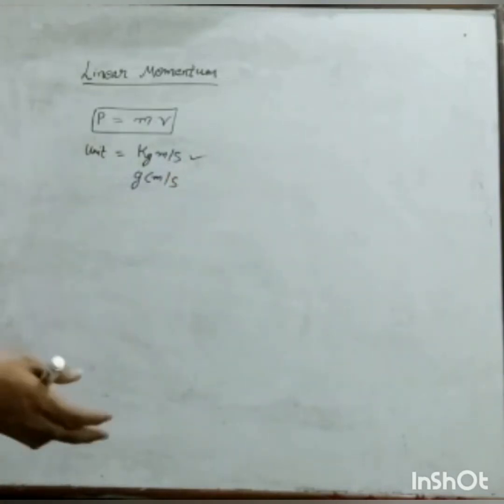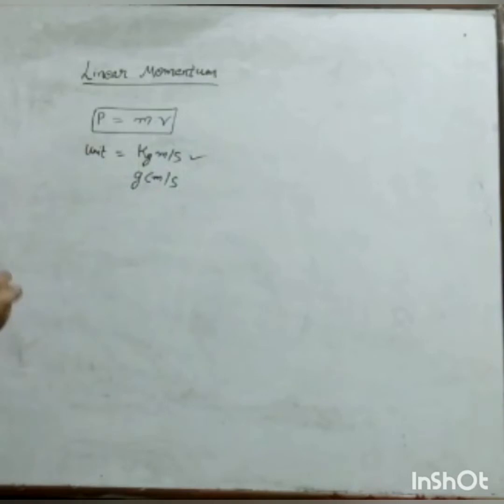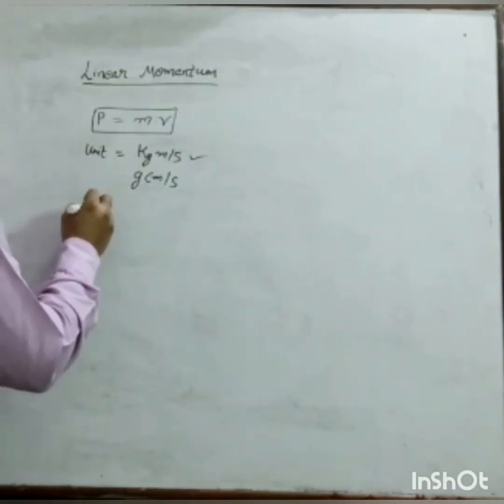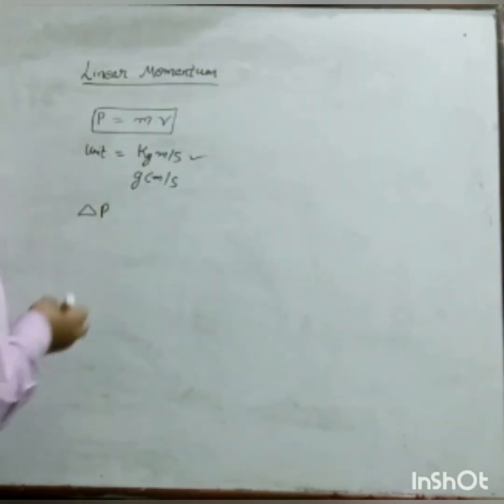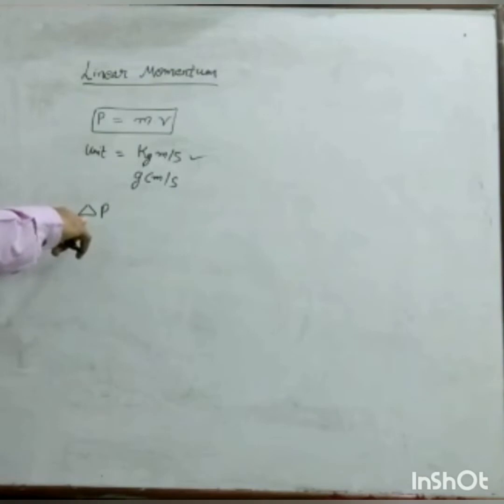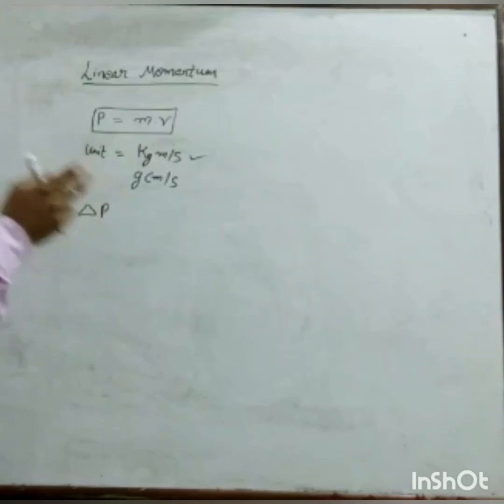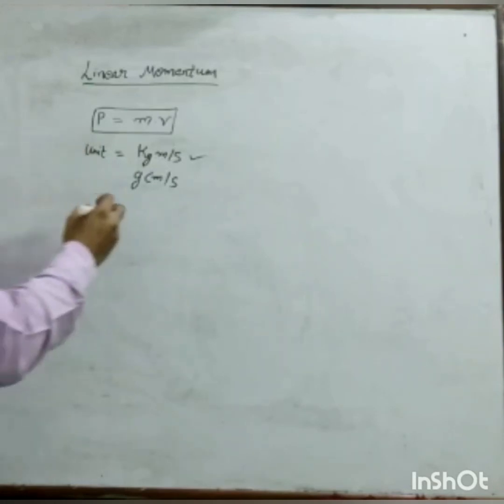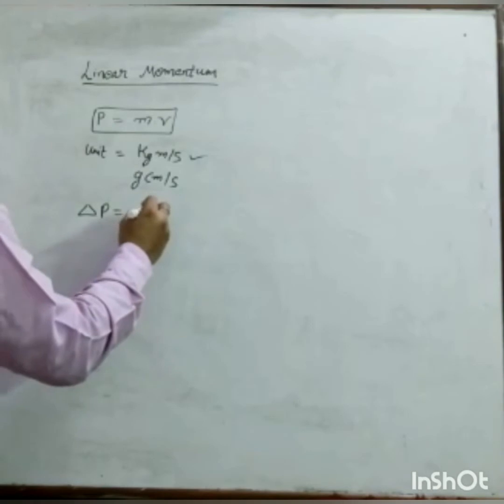So, what is the change in momentum? That is delta P. Do you know the name of this symbol? This is delta. Delta means change, a small change in the quantity. So, we write delta P is equal to delta mv.